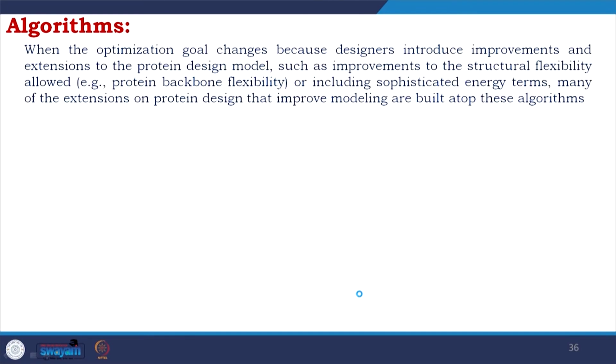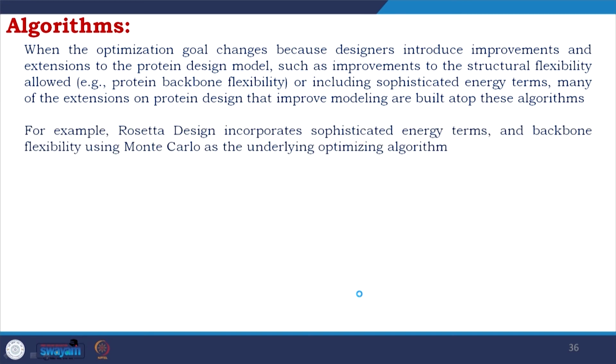When the optimization goal changes because designers introduce improvements and extensions to the protein design model, such as improvements to the structural flexibility allowed, protein backbone flexibility, or including sophisticated energy terms, many of the extensions that improve modeling are built on top of these algorithms.